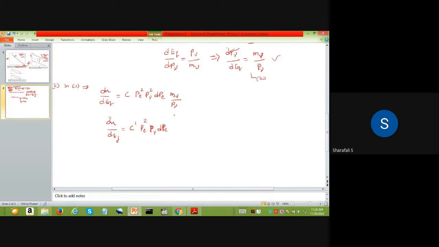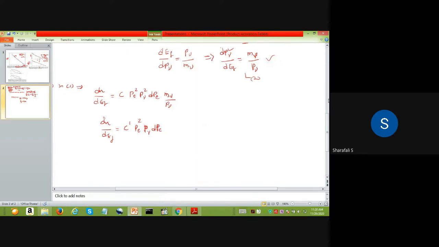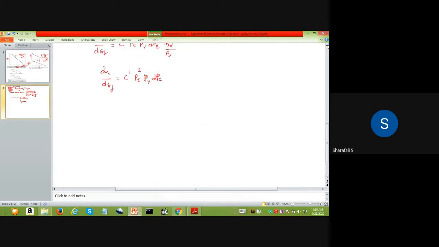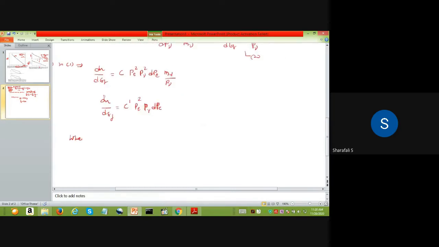Now if you consider the final equation that you got in the first case, when we did not consider the rest mass energy of the neutrino, I will just give the symbol, you have to write neutrino.